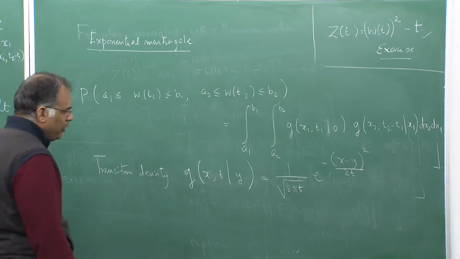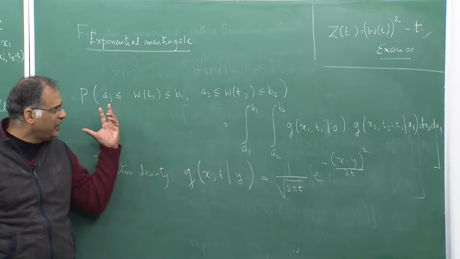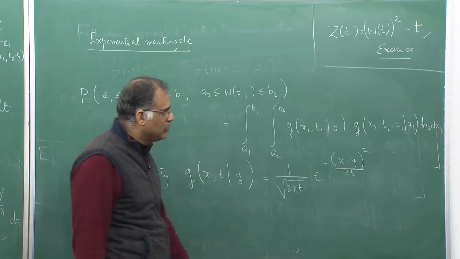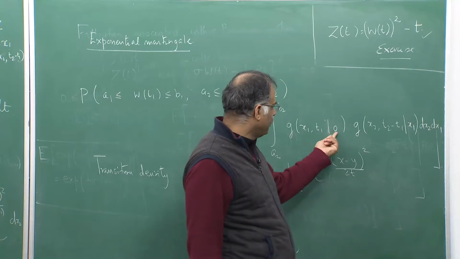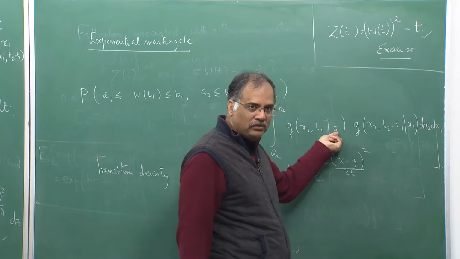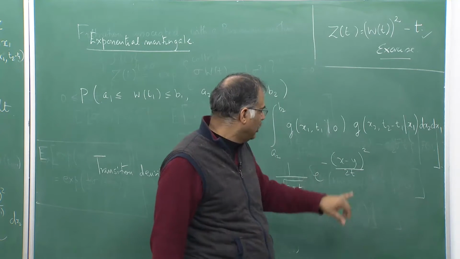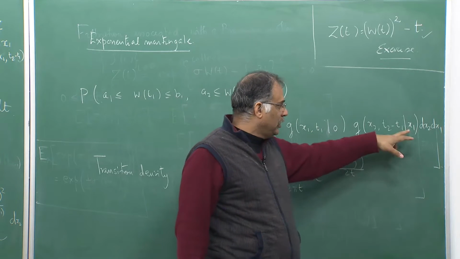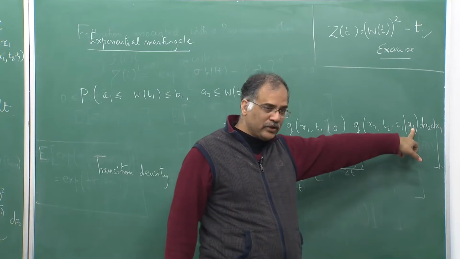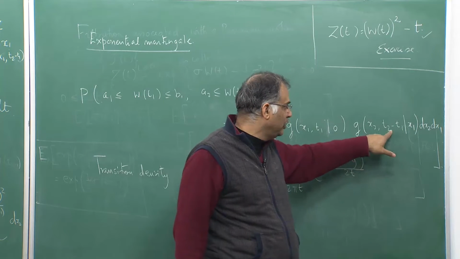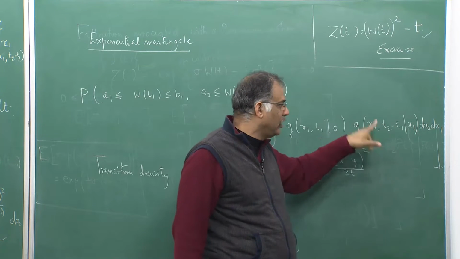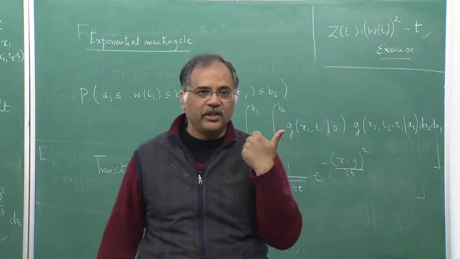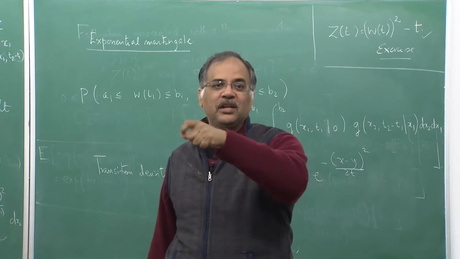I would keep it as an exercise for you to write down for the case till n. So here you see from 0 my state was 0, w0 is 0. I have come to the state x1 at t1. Given that I am in state x1 at t1, within the time span t2 minus t1, I have come to the state x2. So essentially a Markov process.